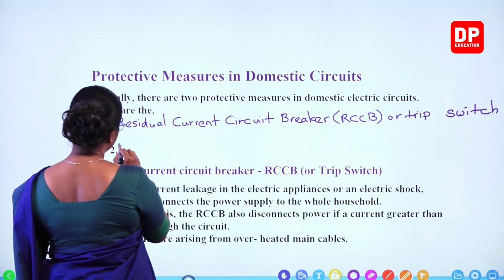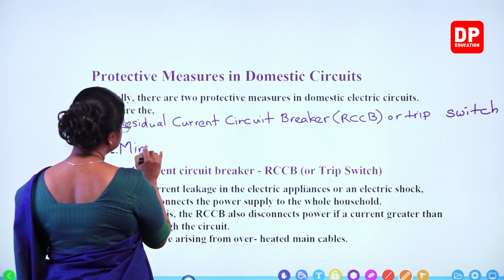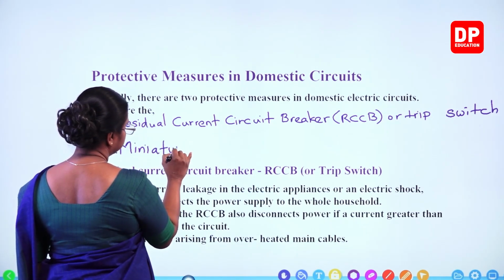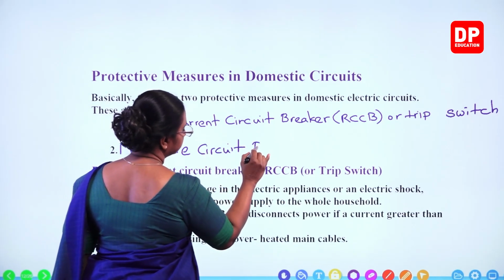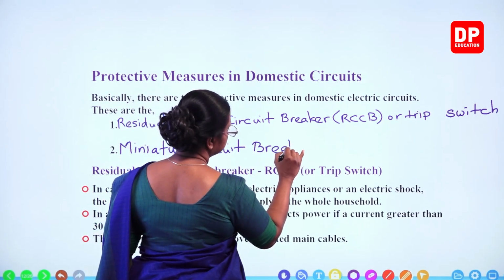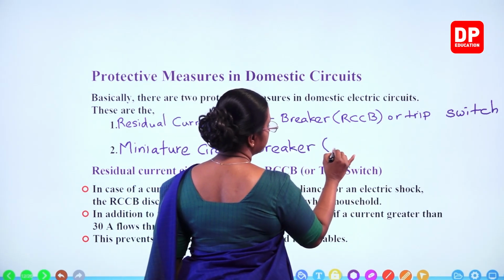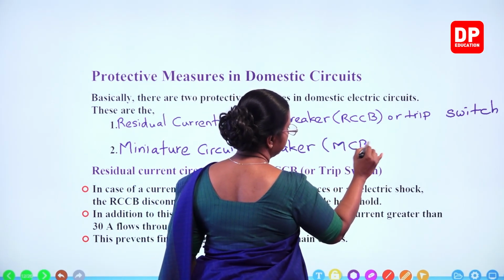Then we have miniature circuit breaker, that is the MCB.